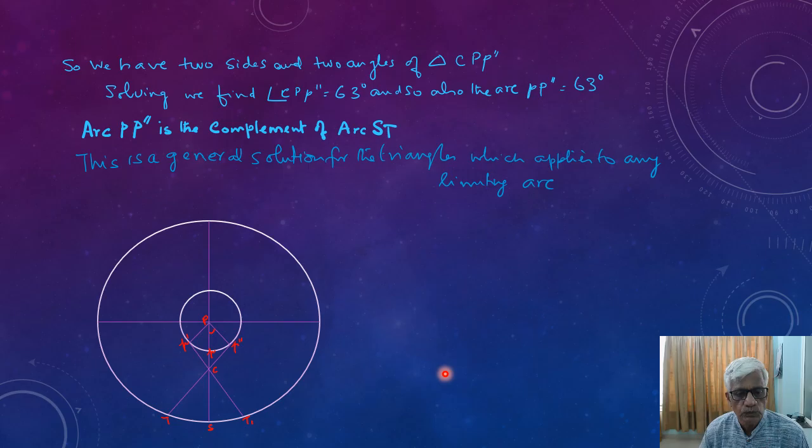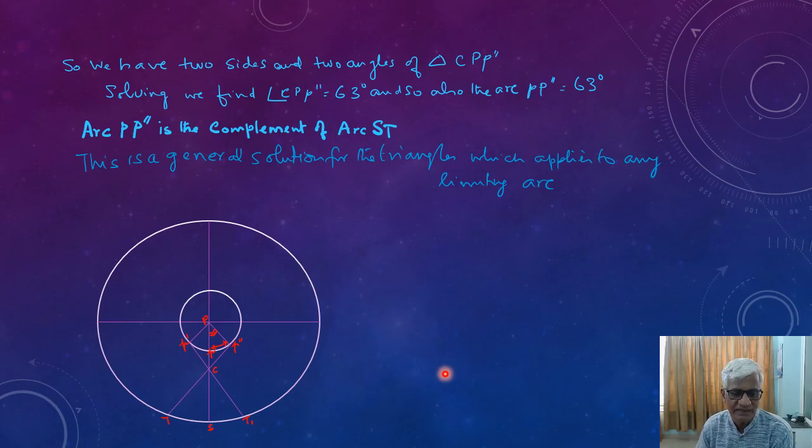So we have two sides and two angles of this triangle CPP dash, and by solving them using the relationship between the sides and the angles, we get this angle CPP dash as 63 degrees. This angle being 63 degrees, this arc PP dash here is also 63 degrees.